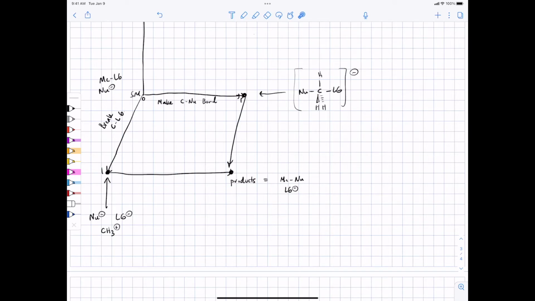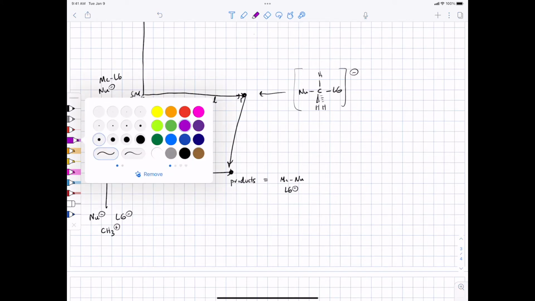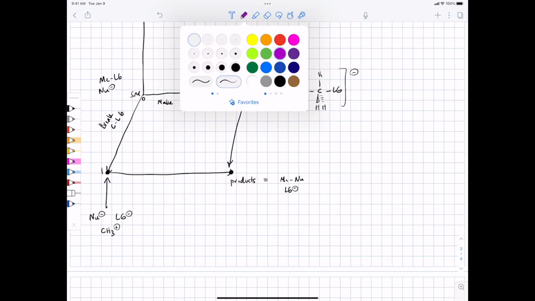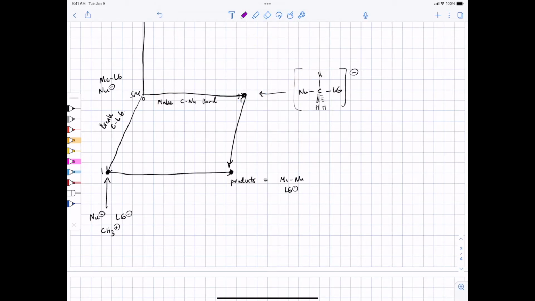An SN2 reaction would presumably involve going directly from starting materials to products, with the nucleophile carbon bond forming at the same time as the carbon leaving group bond breaks.